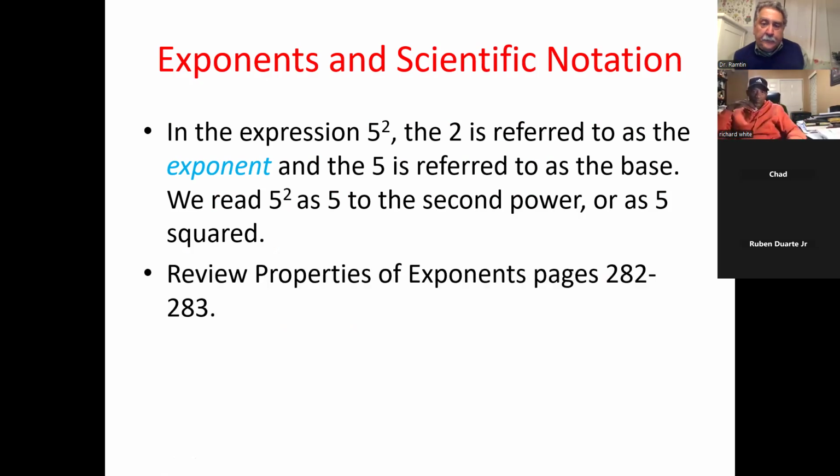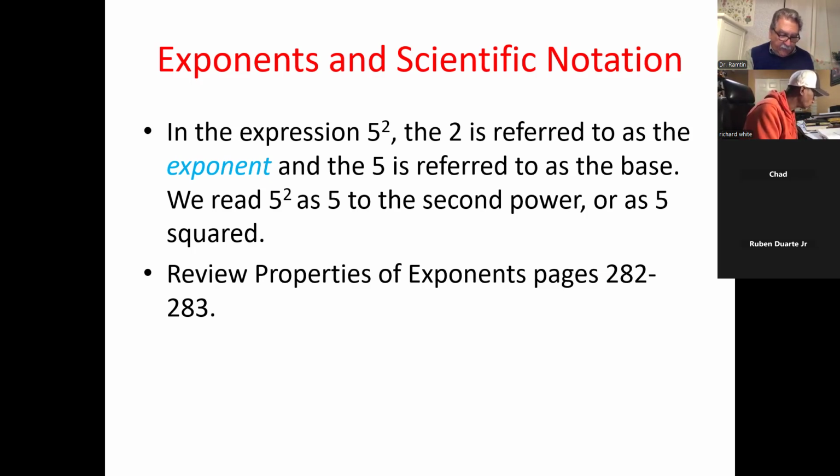Let's look at the exponent properties on page 282. On page 282, you see table 5.4, which gives the property, the meaning, and an example.